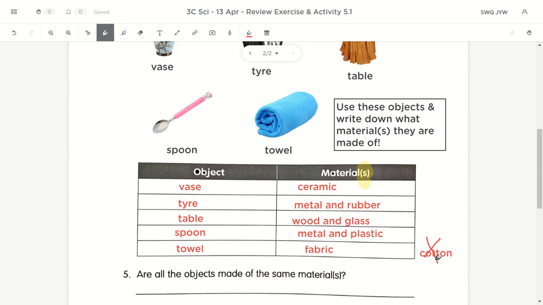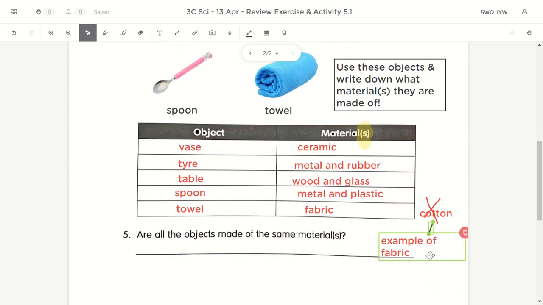Because cotton is actually an example of the material. Let me just write this down. It's actually an example of fabric. Okay, so cotton is an example of fabric.